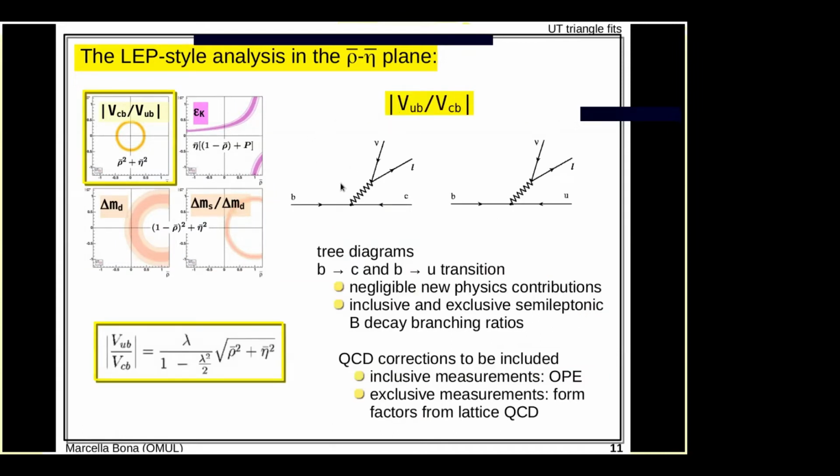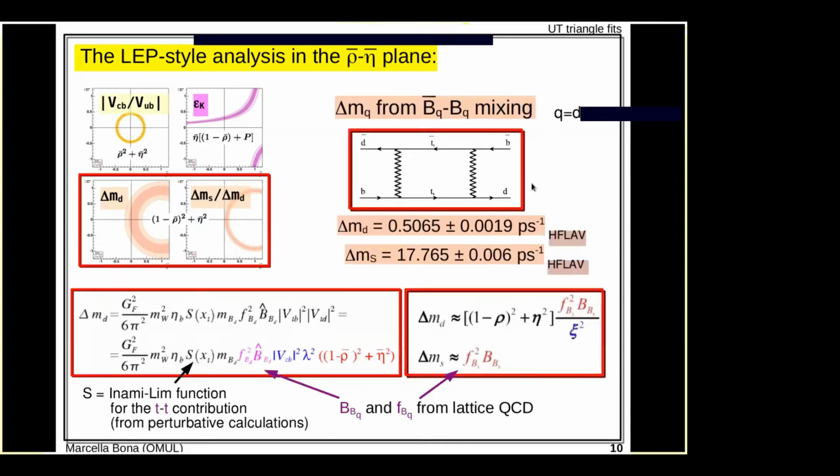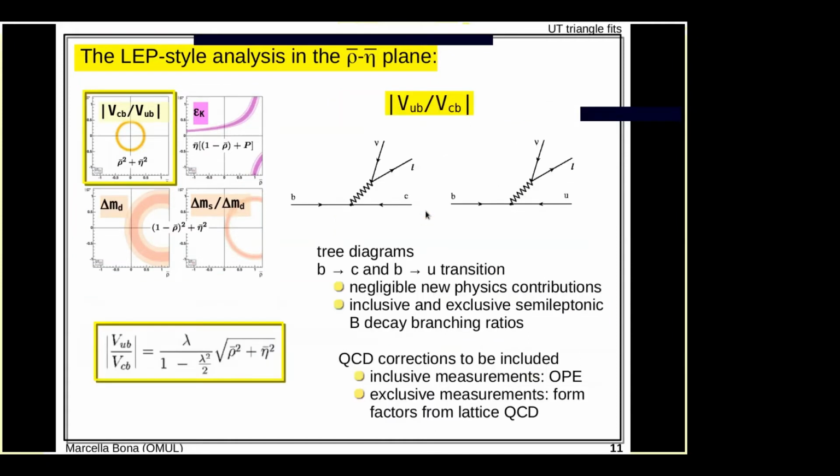So the third constraint that I want to talk about is this ratio, where we get directly the ratio of two CKM parameters, V_ub over V_cb. Now, this is changing a little bit because now we have a tree diagram, so not a box anymore. So you have a direct decay.